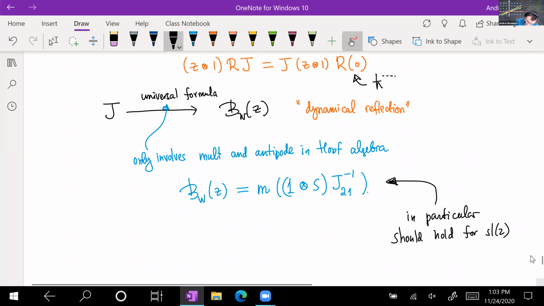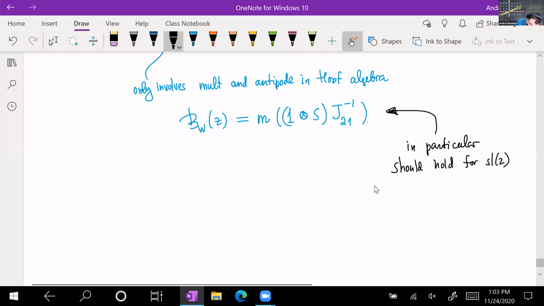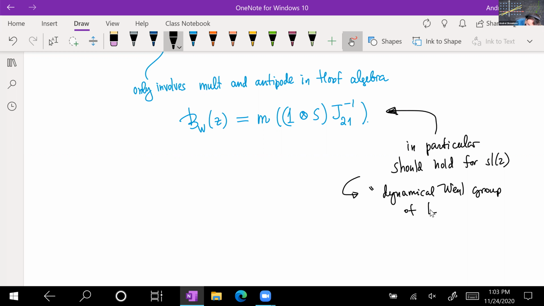In the case of SL2 we should get the dynamical Weyl group of Okounkov and Maulik.